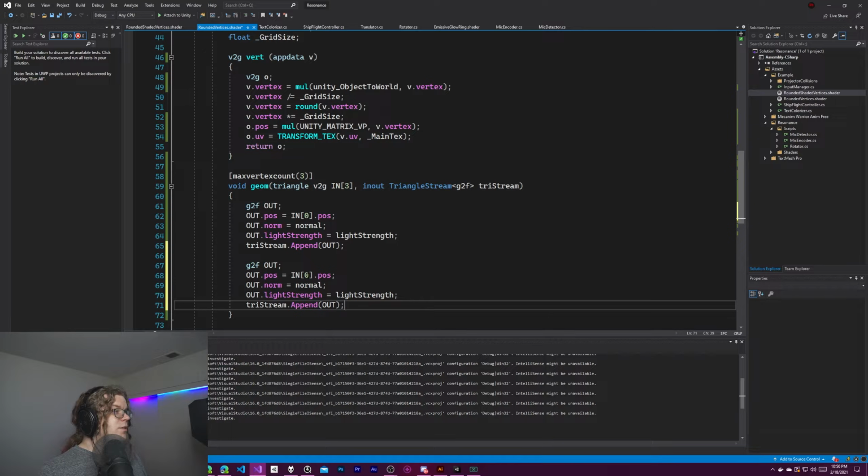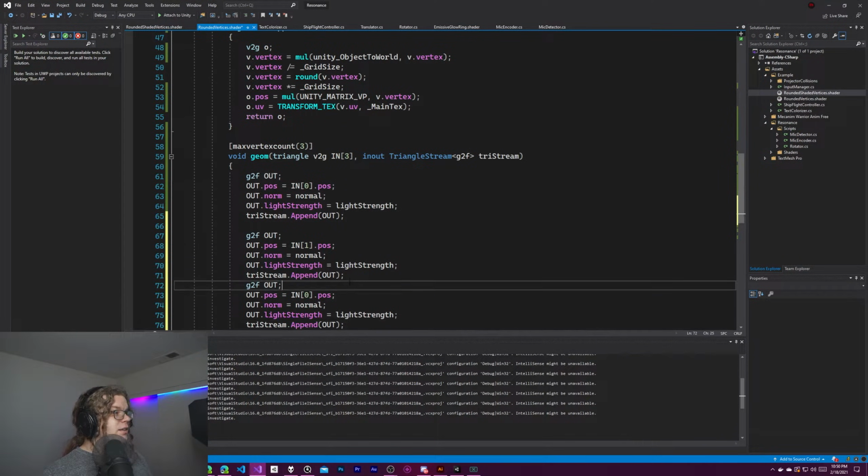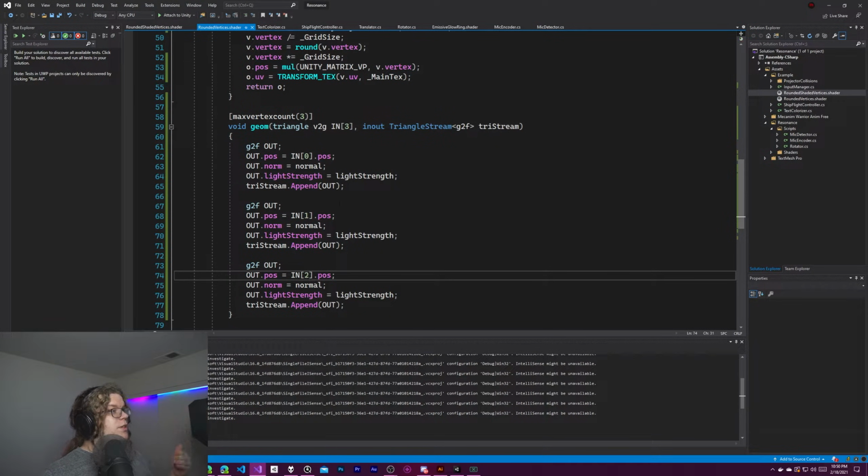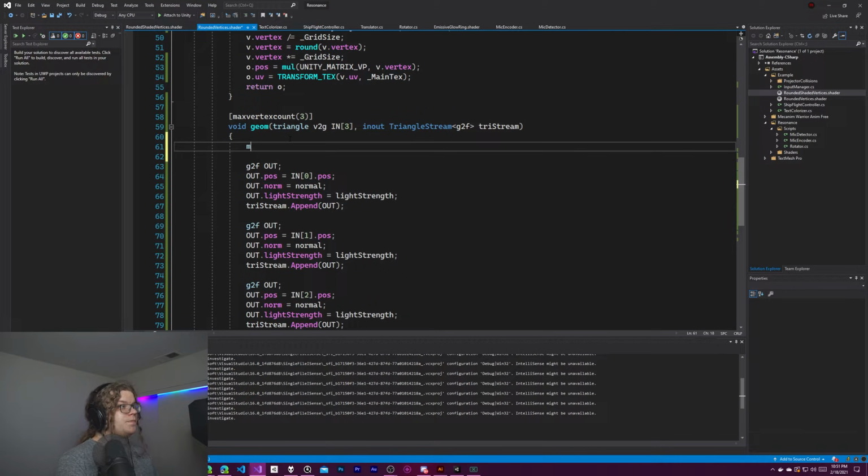So basically, the only thing that's changing is the position. Light strength and normal should not change. So there we go. 0, 1, and 2. That should handle our entire triangle. Now we just need to actually work with this thing. So in order to get the normal, we can use the cross product.